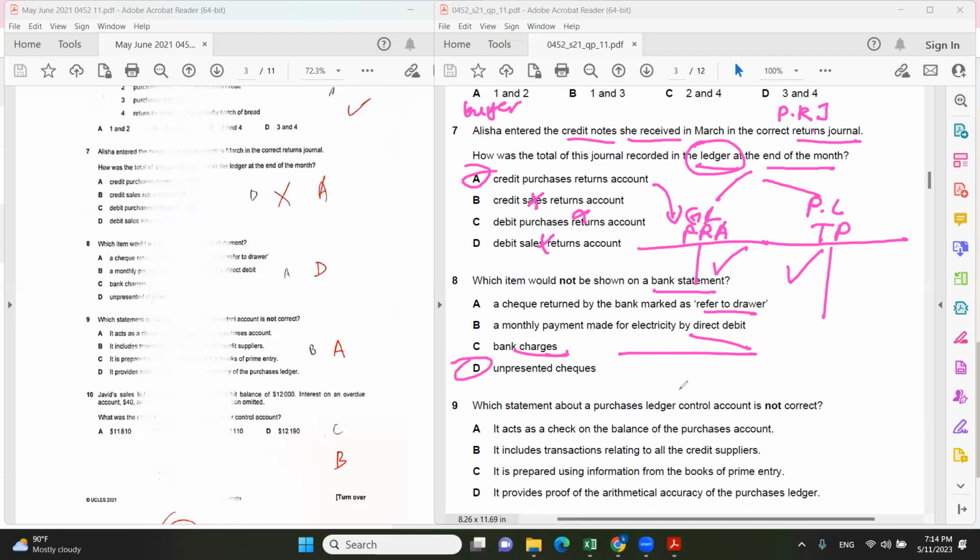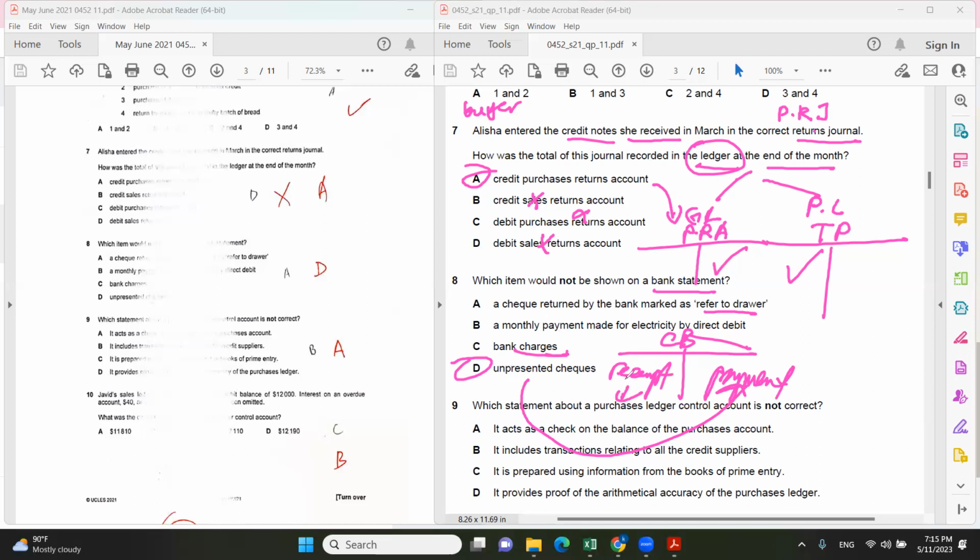Unpresented check. What is an unpresented check? In your cash book, when you have a receipt, this is a receipt. This is a payment. So this payment is made to the supplier. When the supplier didn't go to the bank to take the money, this payment we call an unpresented check. Whereas in here, if we receive from the customer, this is called an uncredited amount, or the amount not yet credited.